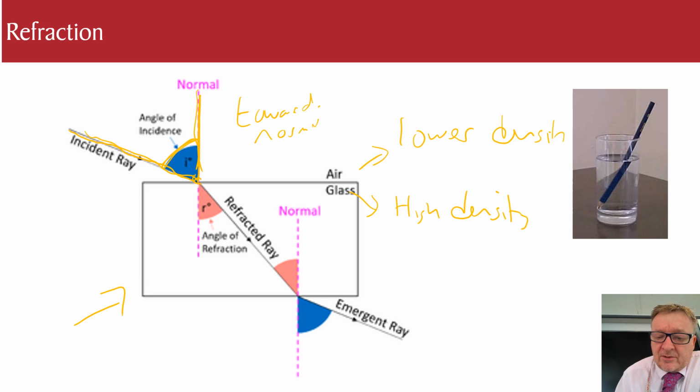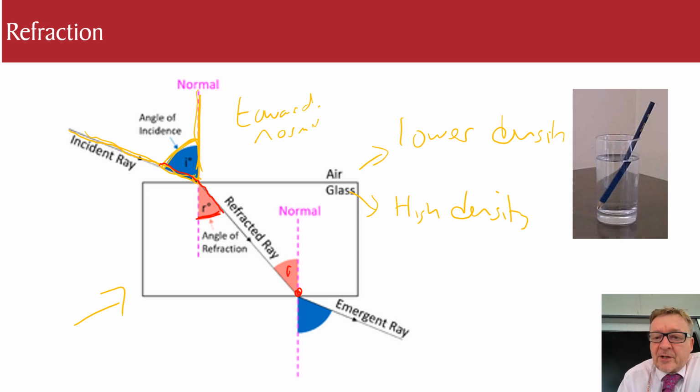Okay, so it gets to this point here, it hits that, and because it's going from lower density to high density, it turns towards the normal. That's its bending, which is then where this angle of refraction, the R, is then smaller than the angle of incidence. It then carries on through the glass block, and it gets to this point here. That is then the angle of refraction again.